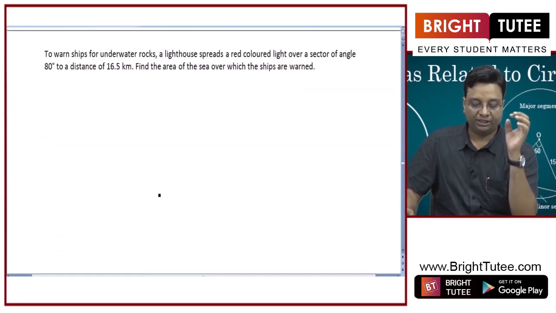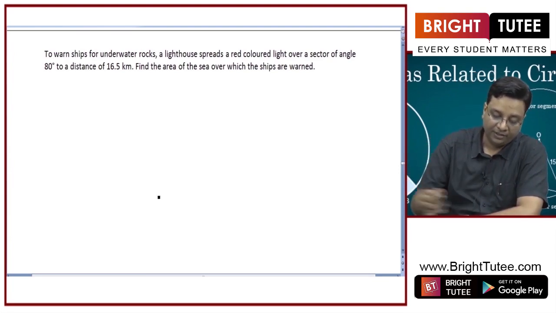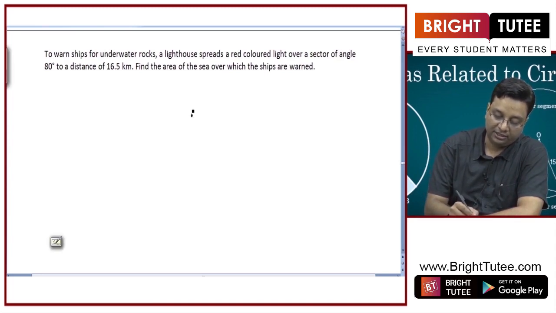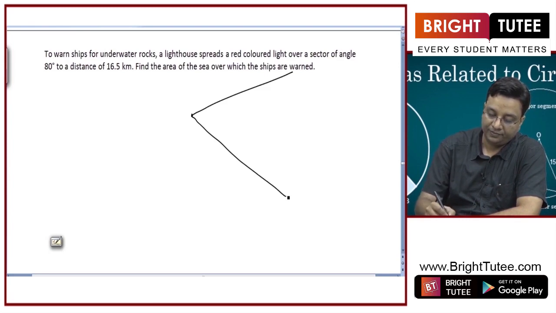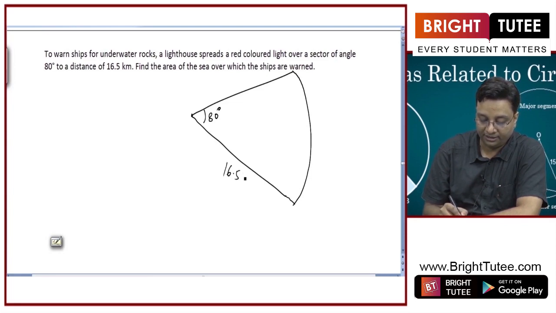Okay. To warn ships of underwater rocks, a lighthouse spreads a red colored light over a sector of angle 80 degrees. So again there is a lighthouse, let us say this is the lighthouse, and it spreads light, right, and this is the sector which has this angle 80 degrees, and this distance or the radius is 16.5 kilometer.